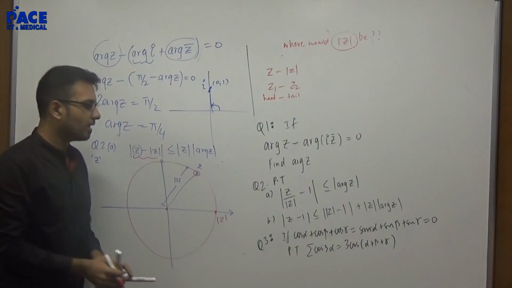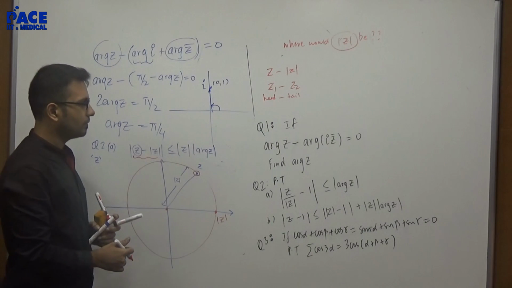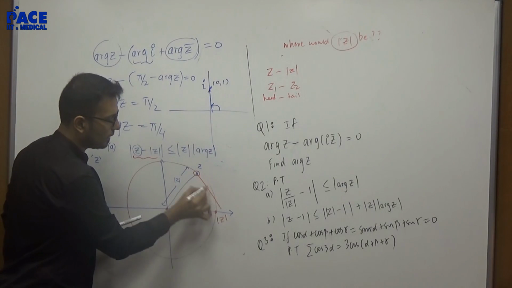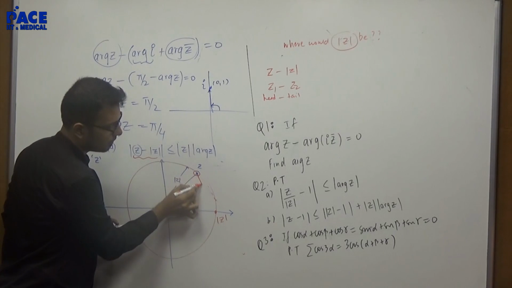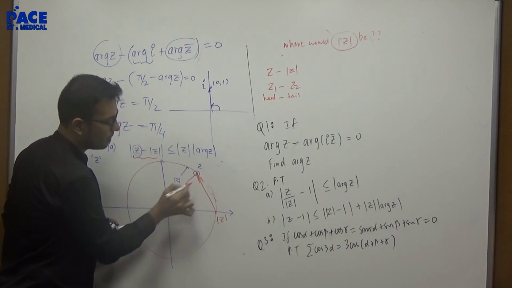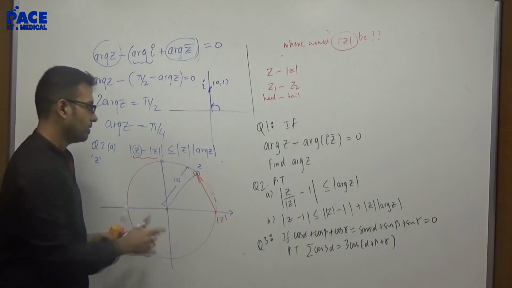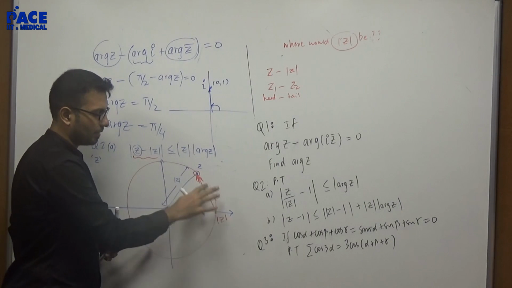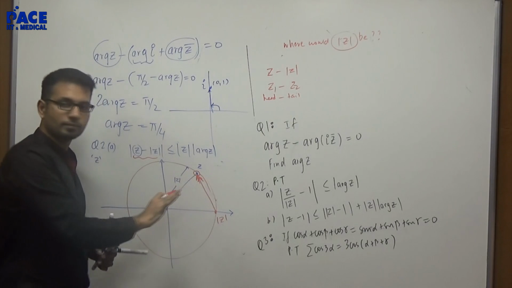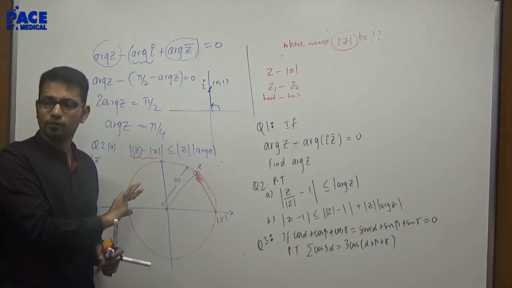Which vector am I talking about? This vector, which is going from mod z over here, head यहाँ पे, tail यहाँ पे. Are you getting it? Okay, clear so far?